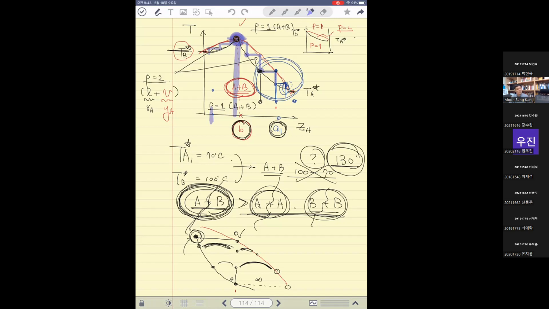the composition from there, where the red curve and the black curve meet, the composition of the liquid phase, which is drawn in black, and the composition of the vapor phase, which is drawn in red, are going to be the same.